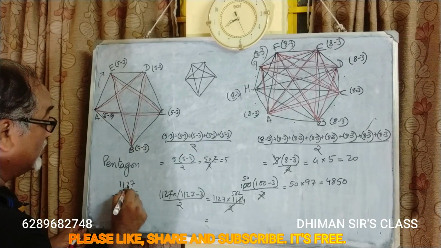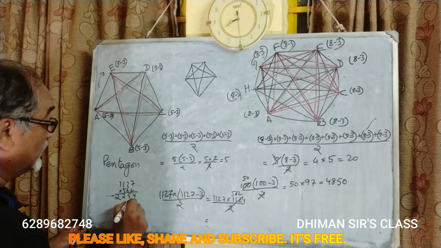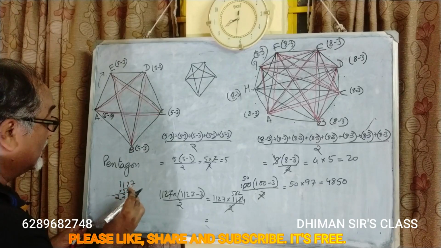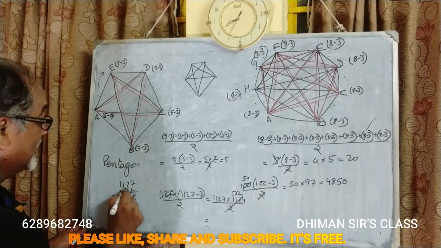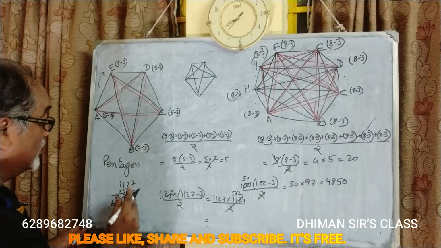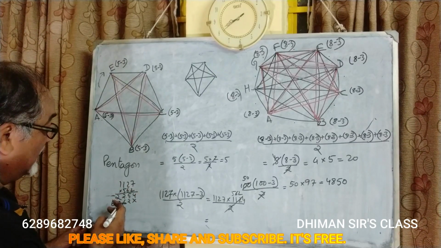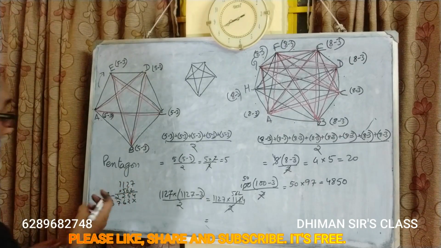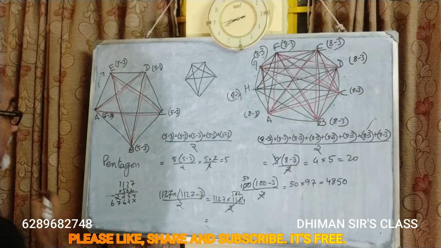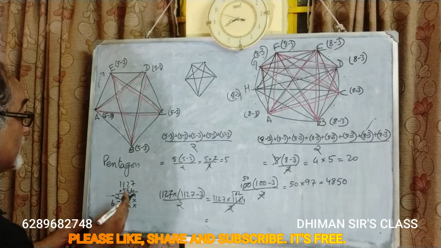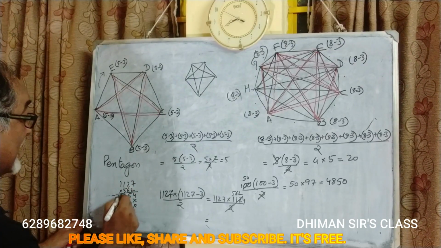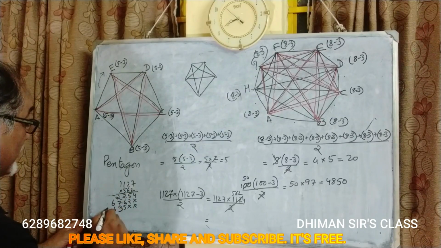2 sevens are 14, 2 2s are 4, 5, 2 1s are 2, 2 1s are 2. 6 sevens are 42, 6 2s are 12 plus 4, 16, carry 1, 6 1s are 6, 7, 6 1s are 6. Next, 5 sevens are 35, carry 3, 5 2s are 10, 13, carry 1, 5 1s are 5, 6, 5 1s are 5.